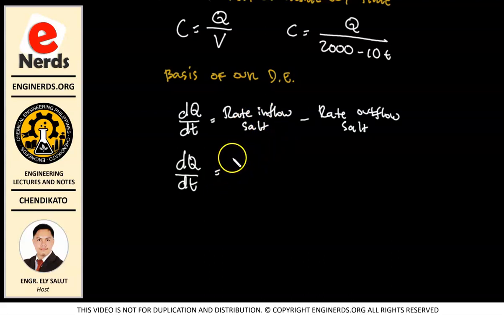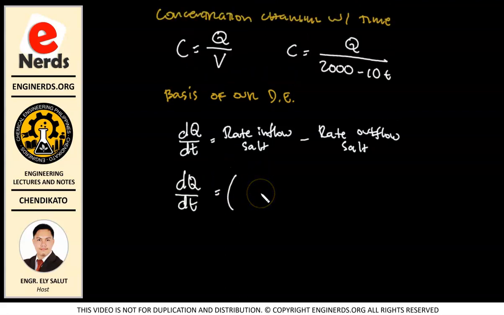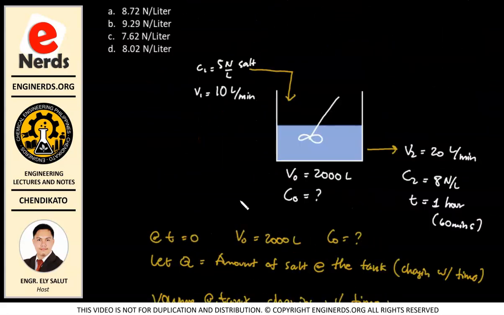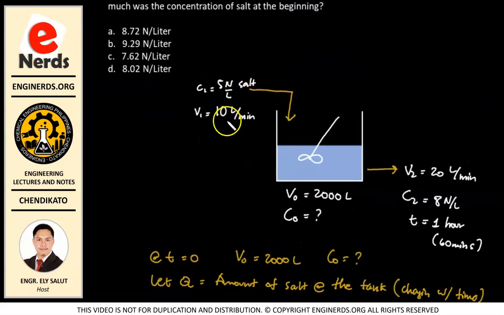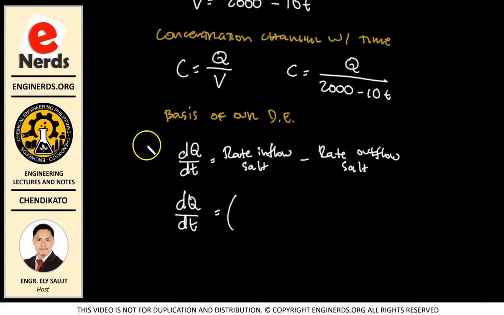As you can see, so I will write the units para mas makita ninyo. Then buburahin ko na lang kasi mas makakadagdag pa to sa mga nakikita ninyo during our calculation. Ano? So I said this is volume multiplied to concentration. So we have here 5 newtons per liter multiplied to 10 liters per minute.